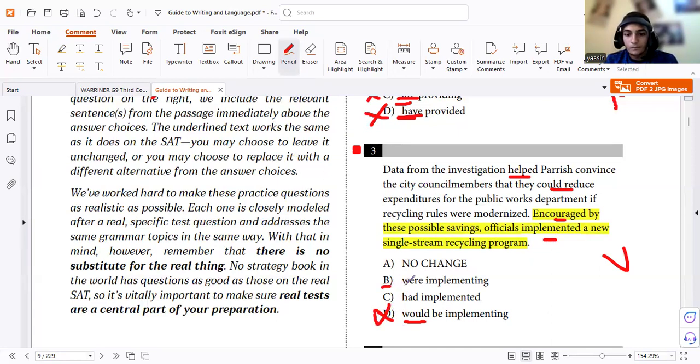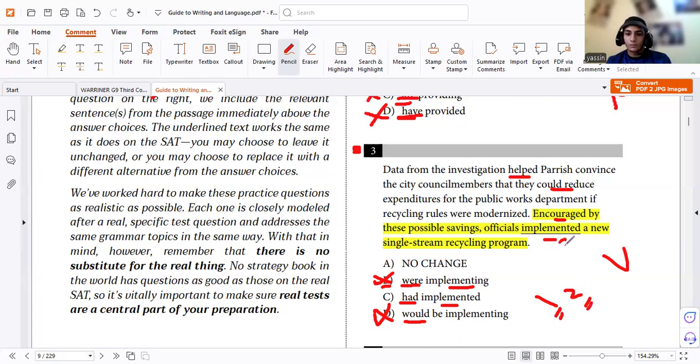How about B? B is past continuous. Past continuous means the action was happening in the past in a short time. But this action doesn't happen in a short time. So it is wrong. Past perfect, if we compare between two actions in the past, the first one in past perfect, the second one in past simple.